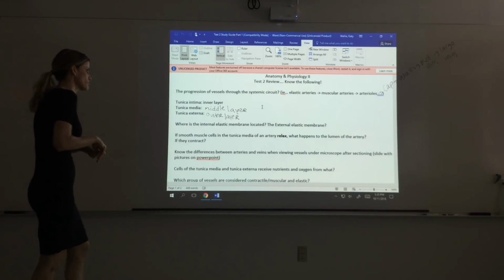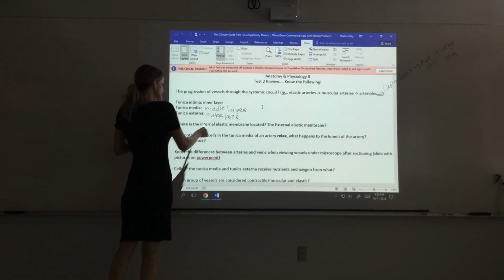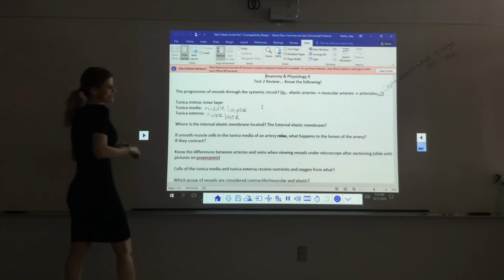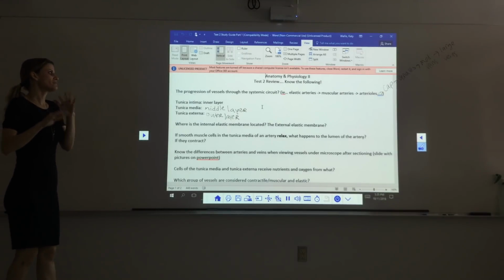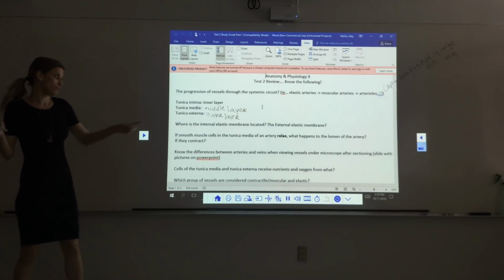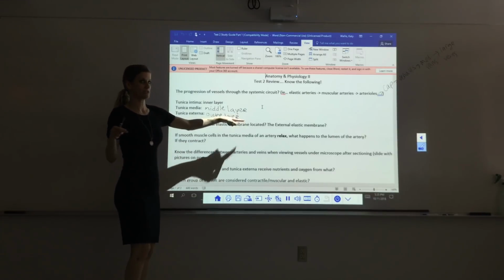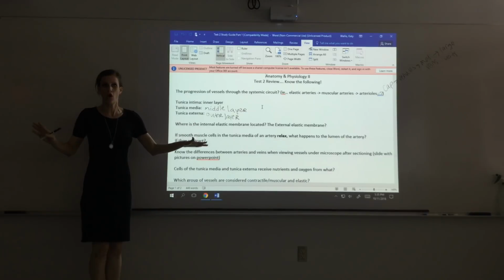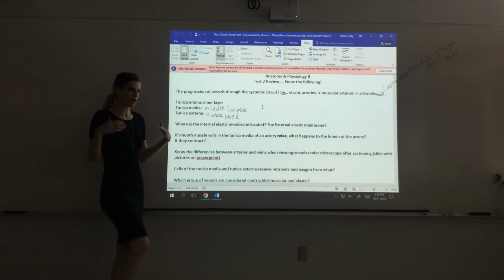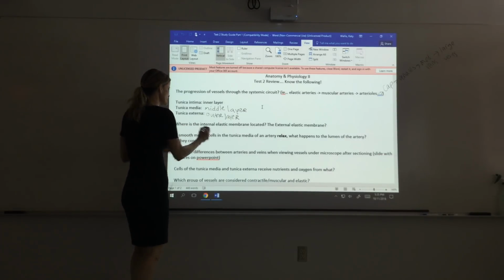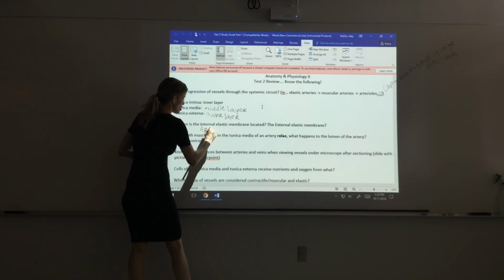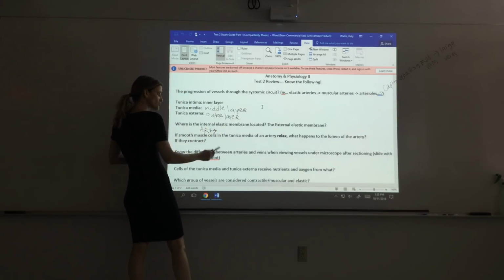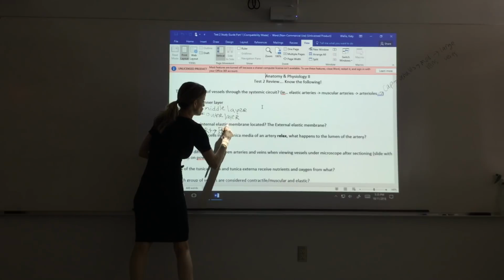When we look at arteries and veins, where is the internal elastic membrane located? So right off the bat, what kind of vessels are we talking about for both of these elastic membranes? Arteries. So if I say anything else, it is wrong, right? It's only in arteries, not veins, not capillaries. So in arteries, the internal elastic membrane is between what other layers?